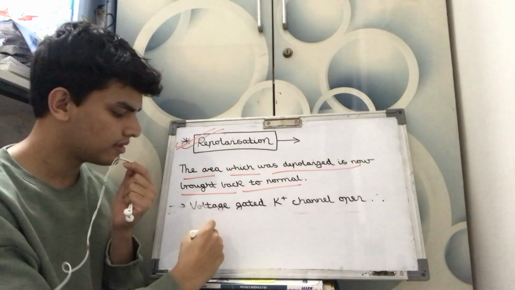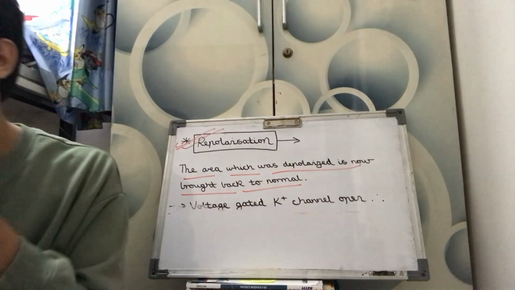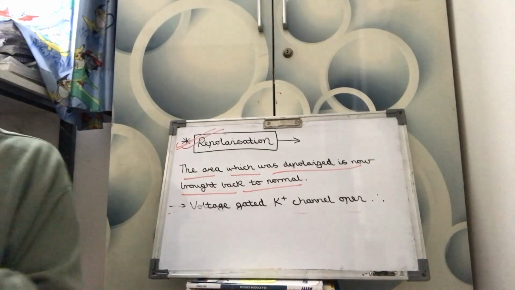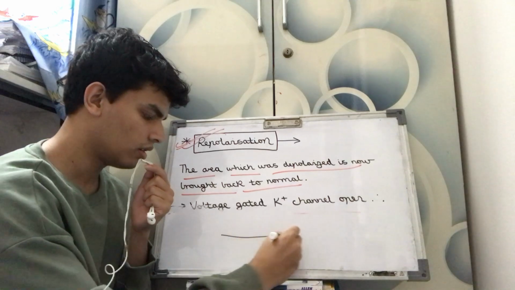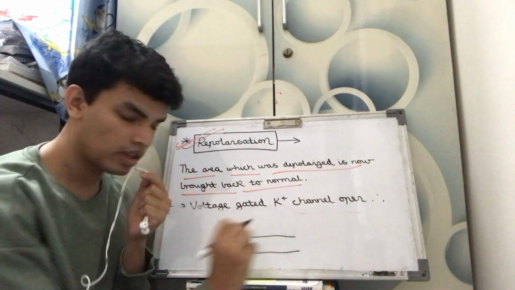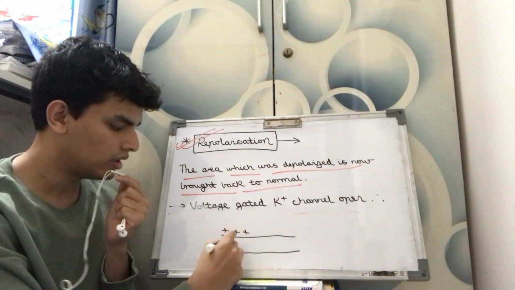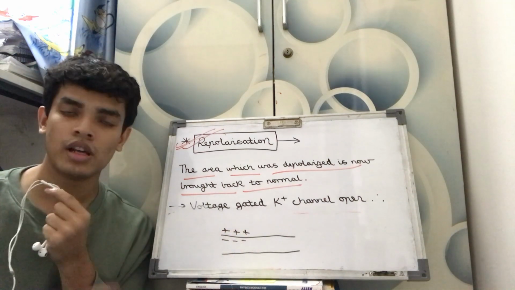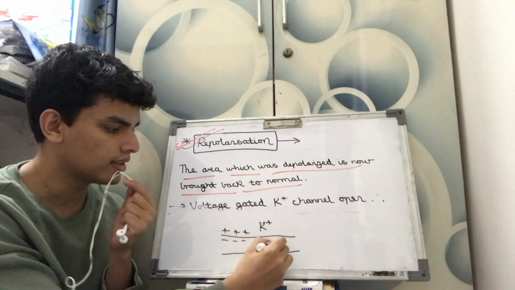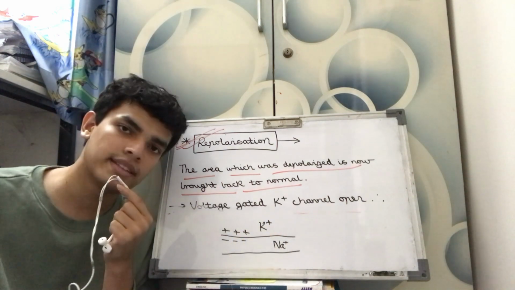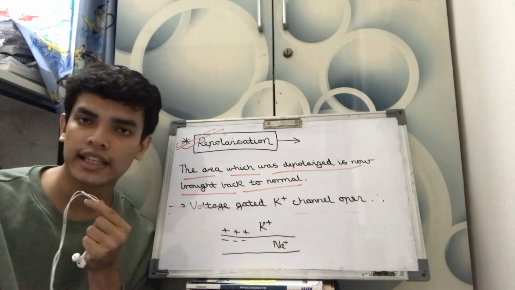So now this is your membrane. This is your axon membrane. Now, what has happened so far: we have got positive outside and negative inside. We have achieved this. Now what we have to achieve: for now K+ is outside and Na+ is inside. Why is Na+ inside? In the depolarized state, Na+ came inside. Why is K+ outside?